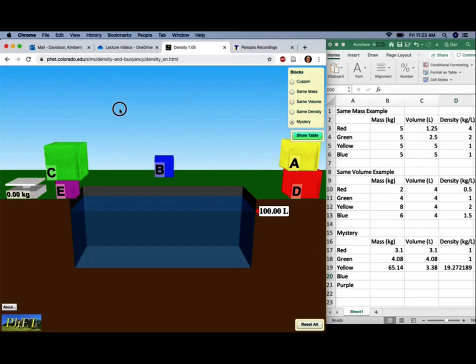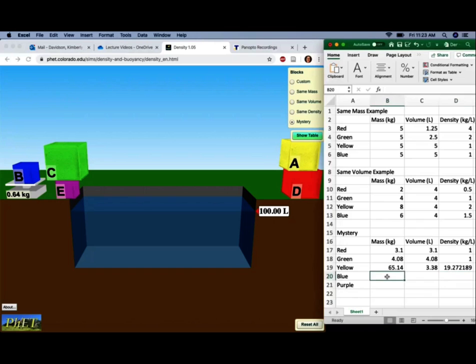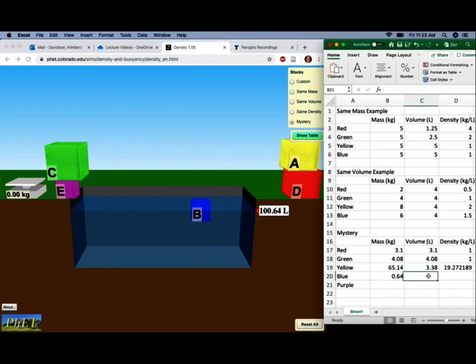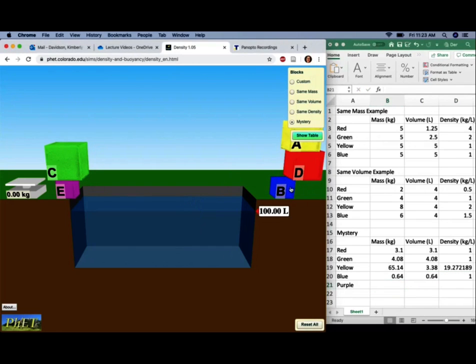So now let's focus on the blue cube. Its mass is 0.64 kilograms. And its volume is 0.64. Okay, so its density is also 1. Super easy. And then let's do the last cube here.